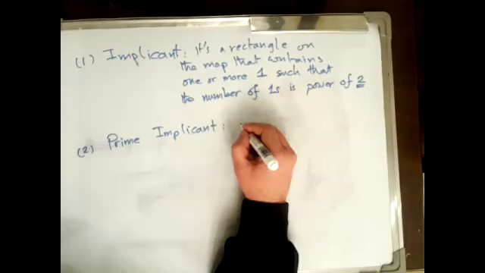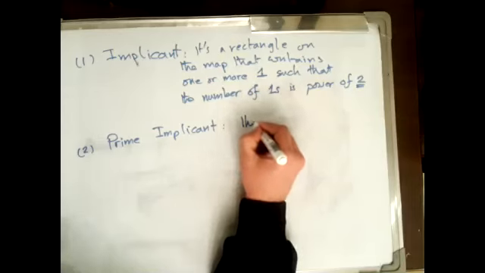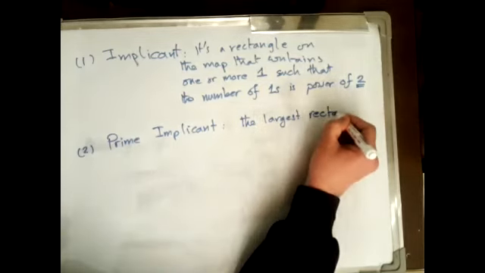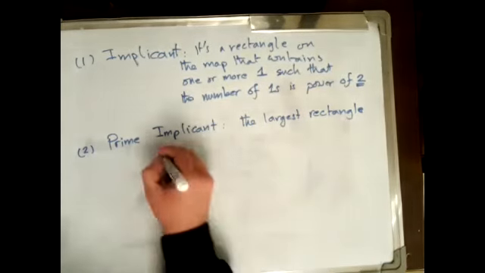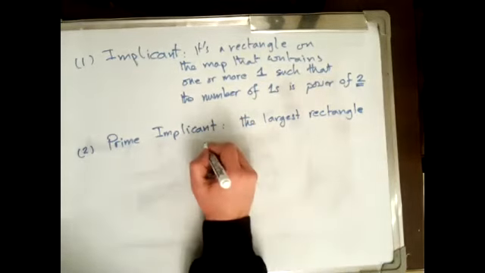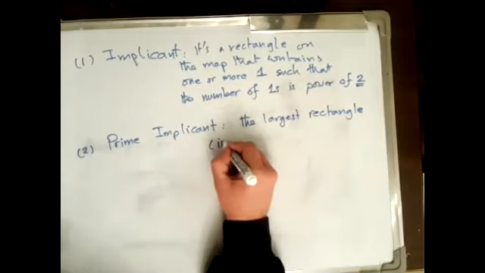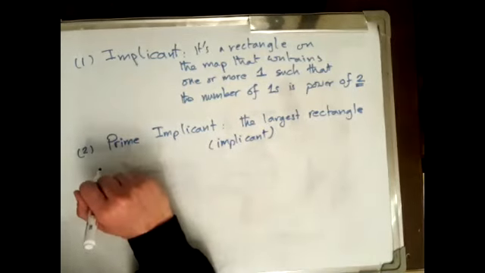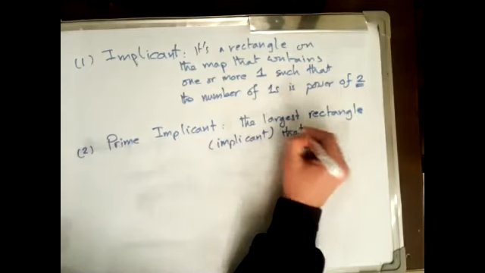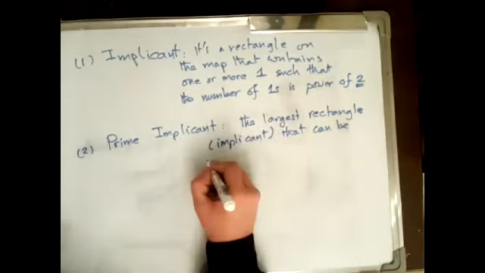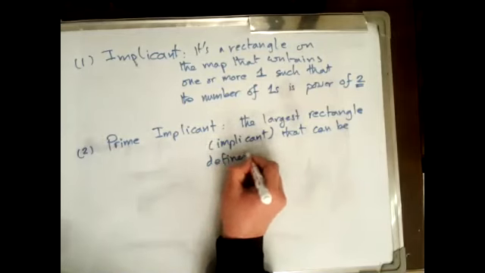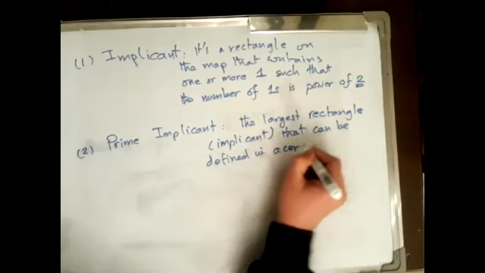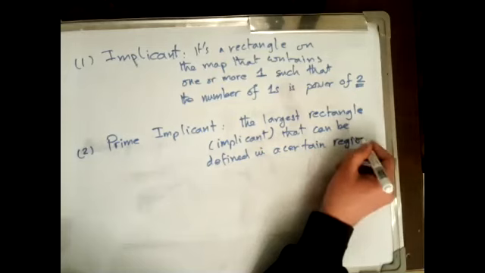It is basically the largest rectangle, or implicant, the largest implicant that can be defined in a certain region in the map.